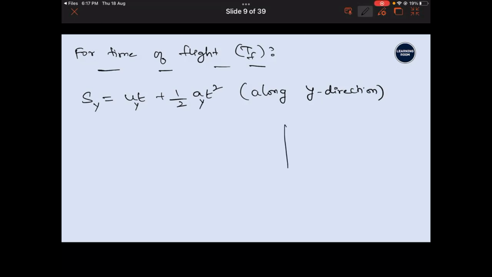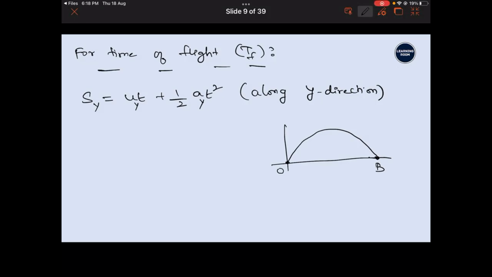So when the particle has traveled from point A to point B, how much is the vertical displacement suffered by it? How much?